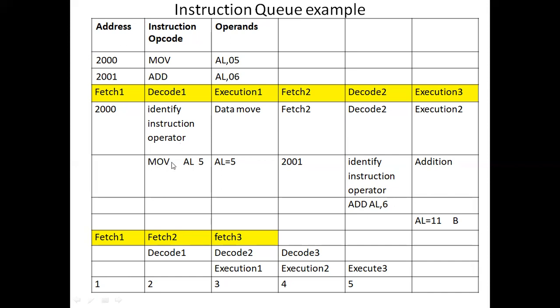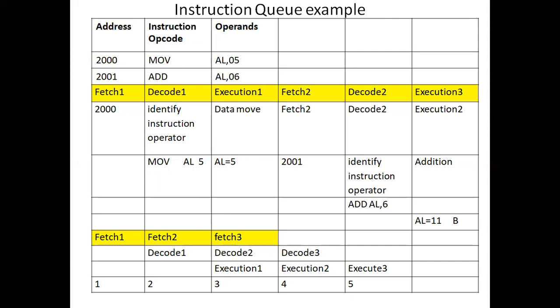Here this is a move, and AL and 5 are accessed. In the execution step, the data is moved from source to the destination. So the value is saved in the register AL. In this way, the first instruction gets executed in 3 steps: fetch, decode and execute.